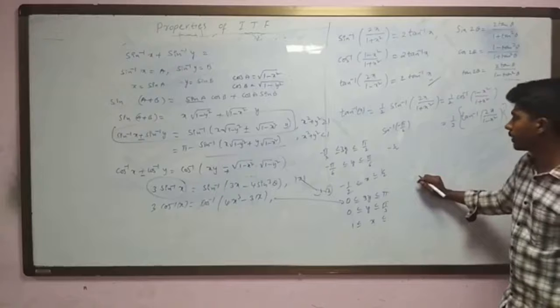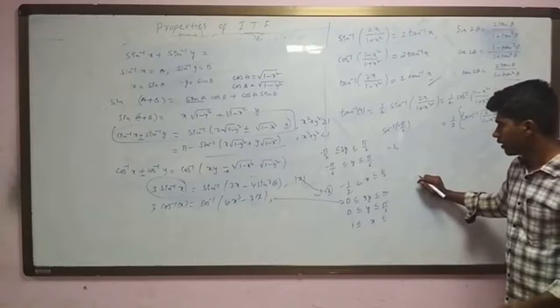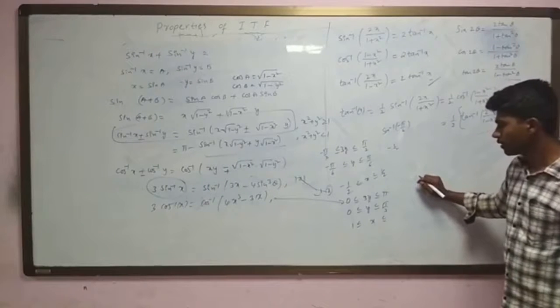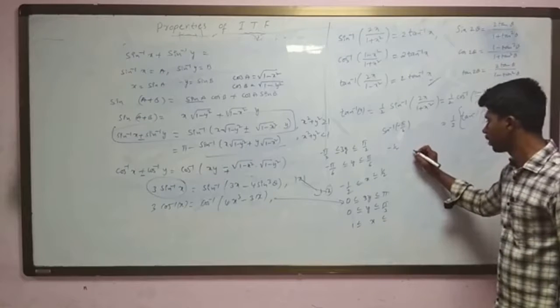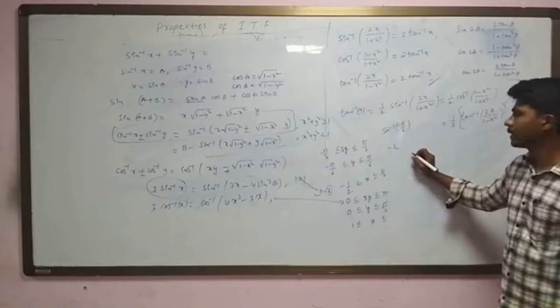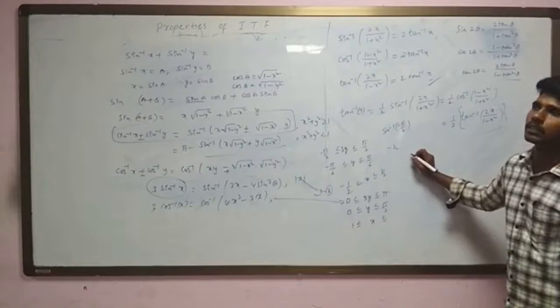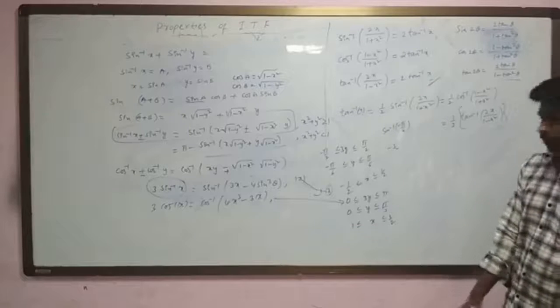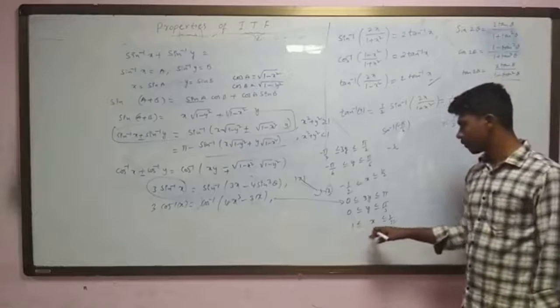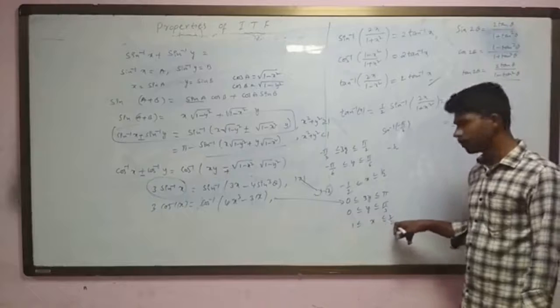What is the value of cos pi by 3? Cos pi by 3 is 1 by 2. So what do I get? 1 less than or equal to x less than or equal to 1 by 2.